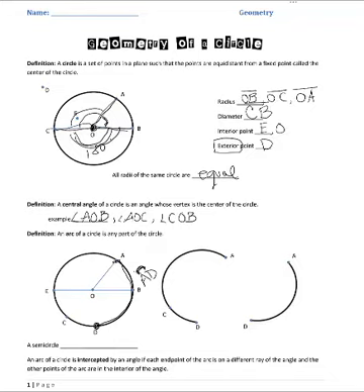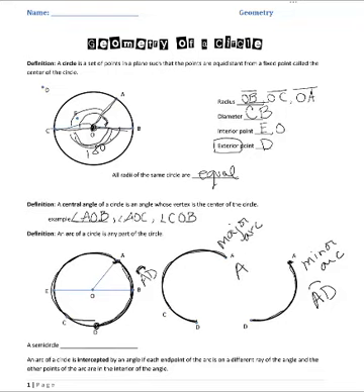Now if you look over here, there's actually two ways to get from A to D. There's this way, the short way, which we call the minor arc. And there's the long way around, this big arc, A to D. We call it the major arc. Now the problem is it's still A to D. So how should we write it?